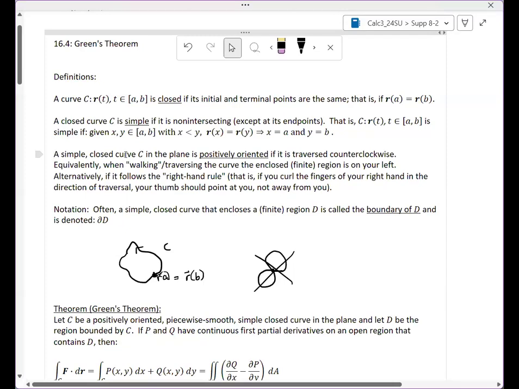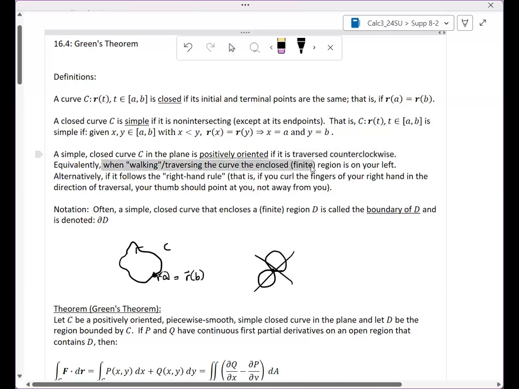And we say that a simple closed curve C, so like the one I've drawn down here, in the plane is positively oriented. We have to decide which way we're going to go around C for this discussion. So we're going to suppose that we're going around C in the positively oriented direction, which we can define a few different ways. We can define, as we're looking at it here, traversed counterclockwise. I think for most people, that's pretty straightforward.